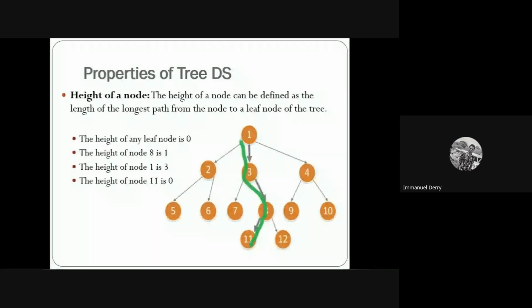Yeah, that's correct. Depending on the node you are given to find its height, that will determine where you end your search.